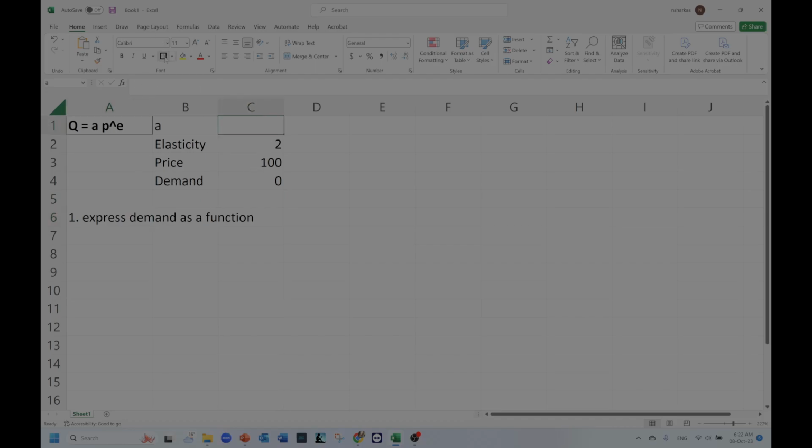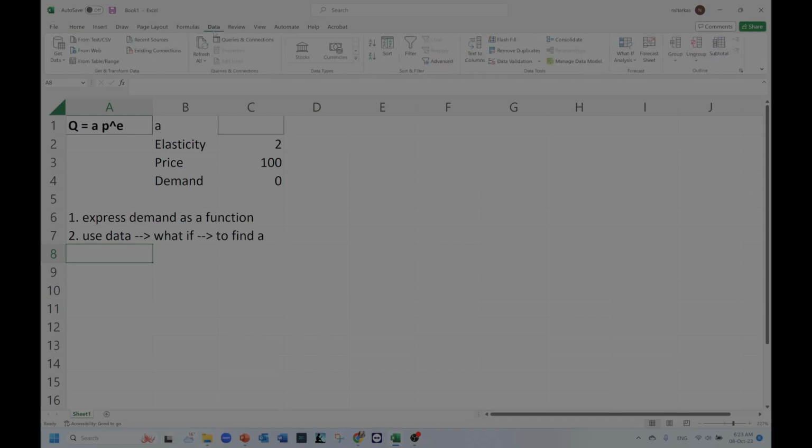Then we are going to find number 2: use data, what if, to find A. All right, so now we're going to find the data and we're going to find what if.